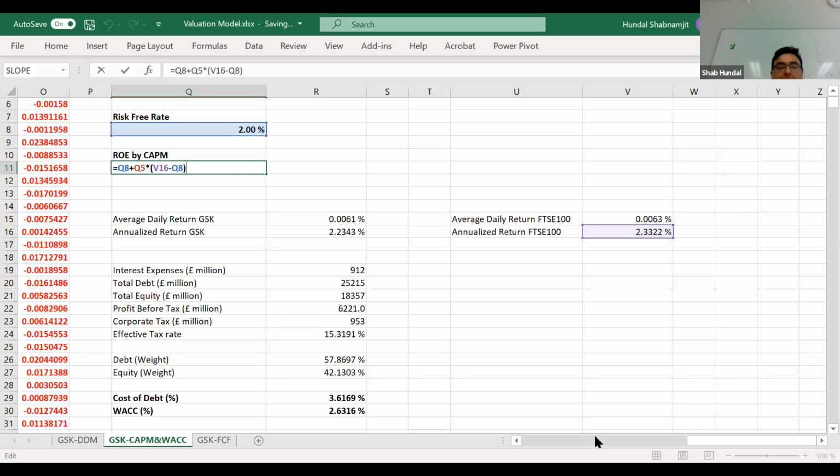And when I click OK, it gives me 2.039 or 2.04%. Remember, we were talking about 2.04% in the previous spreadsheet.